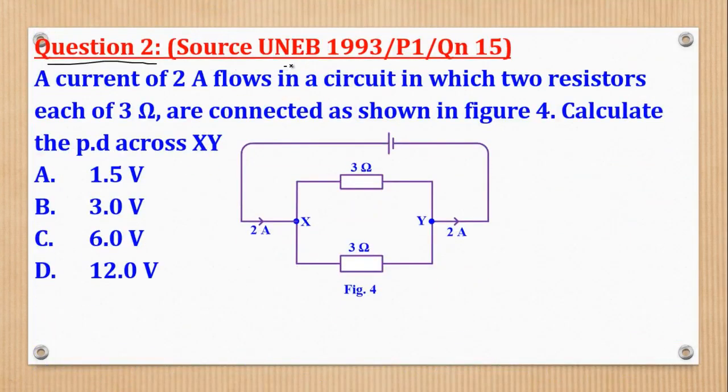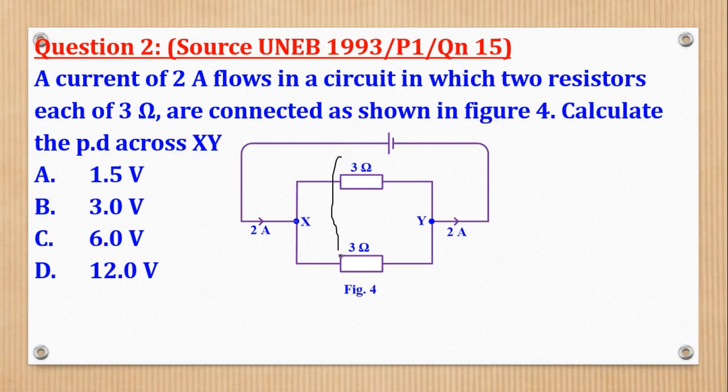Then question 2 came from UNEB 1993 paper 1 question 15, and says a current of 2 ampere flows in a circuit in which 2 resistors each of 3 ohm are connected as shown in the figure. Calculate the PD across XY.